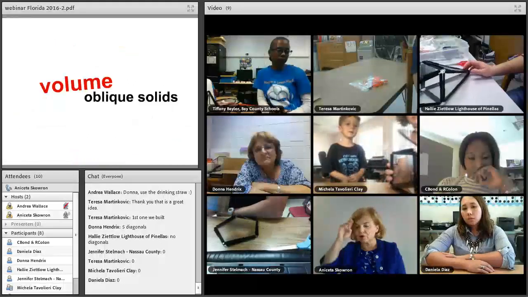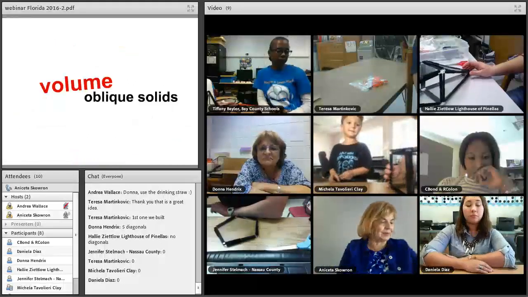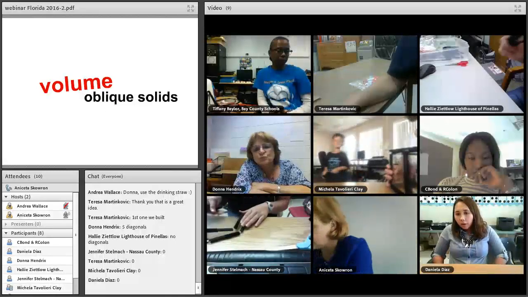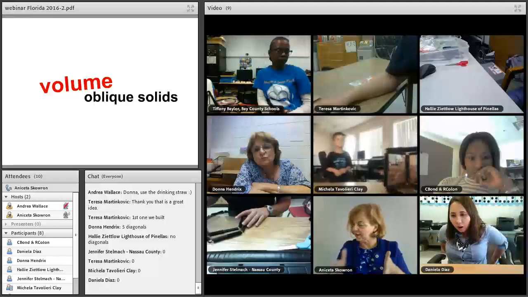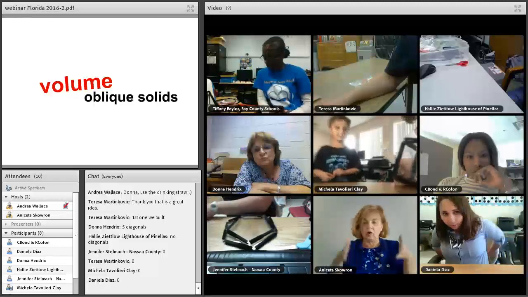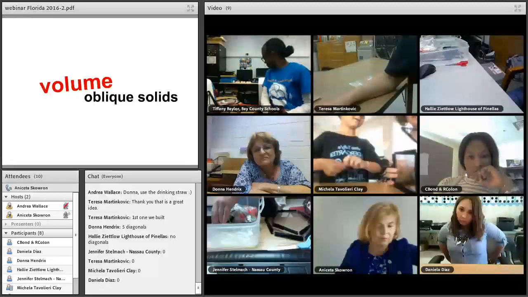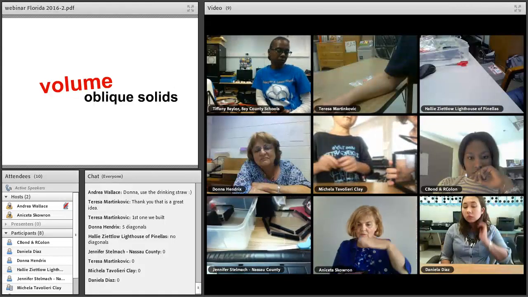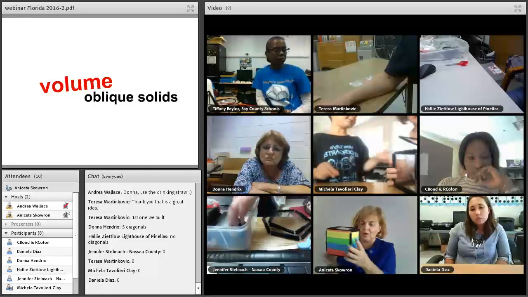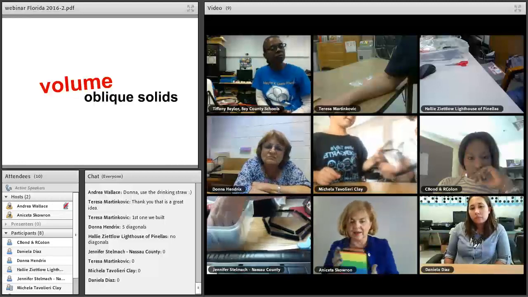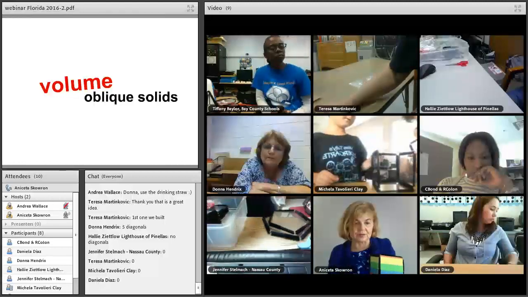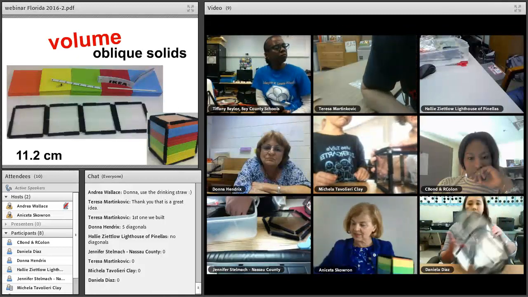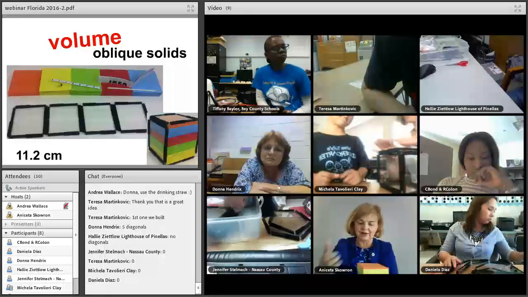Now I would like to show you something a little bit different, which is oblique solids. A solid that is not straight, like in a cube where all edges are perpendicular. But what happens if you want to slant? That's another way to show the volume. For this I need those foam squares.